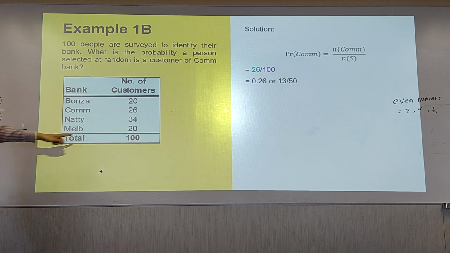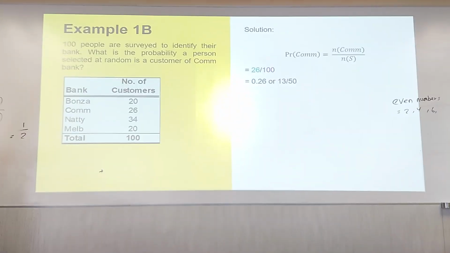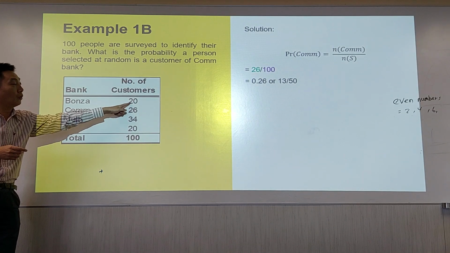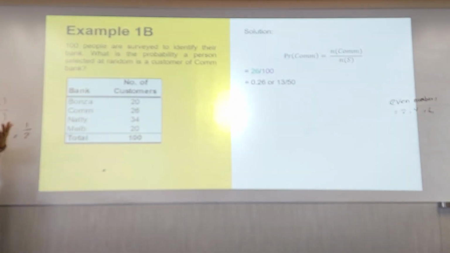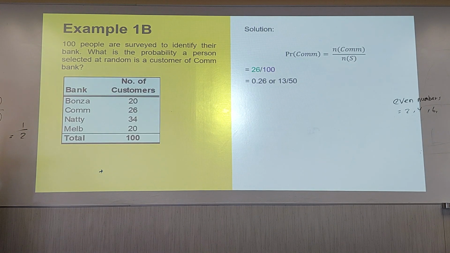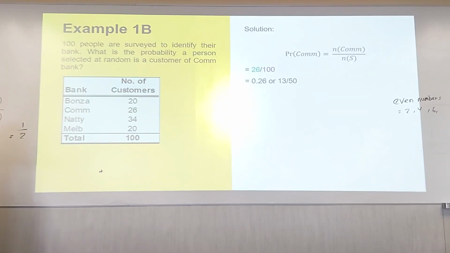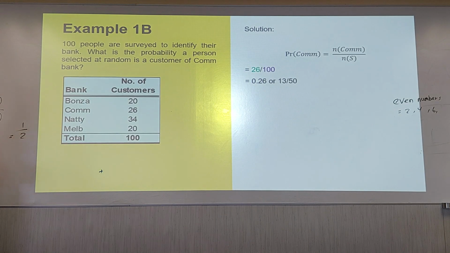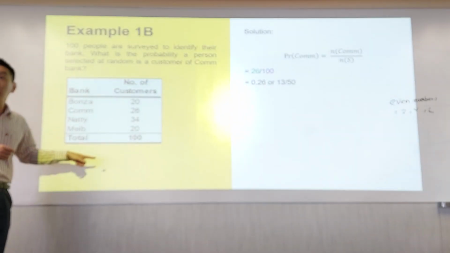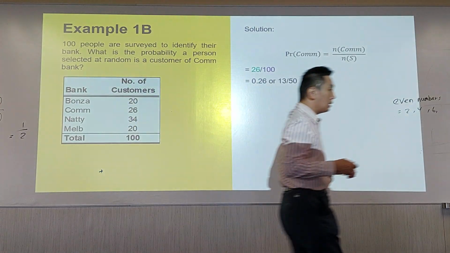In total we have 100 samples involved in the survey. 20 of the customers mentioned that they prefer Bonza Bank, 26 prefer Combank, 34 prefer Native Bank, and the remaining 20 prefer Melbank. Altogether we have 100 customers involved in this survey. So we have 100 data. What does that mean? It means that NS for this question is 100. This tells us the NS value.